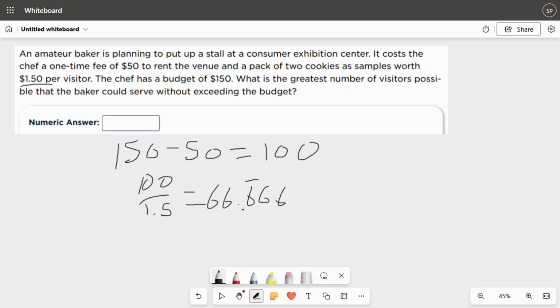So he could either do 66 or 67 visitors, but he could not do 67 because that would exceed the budget. So the answer would be 66.